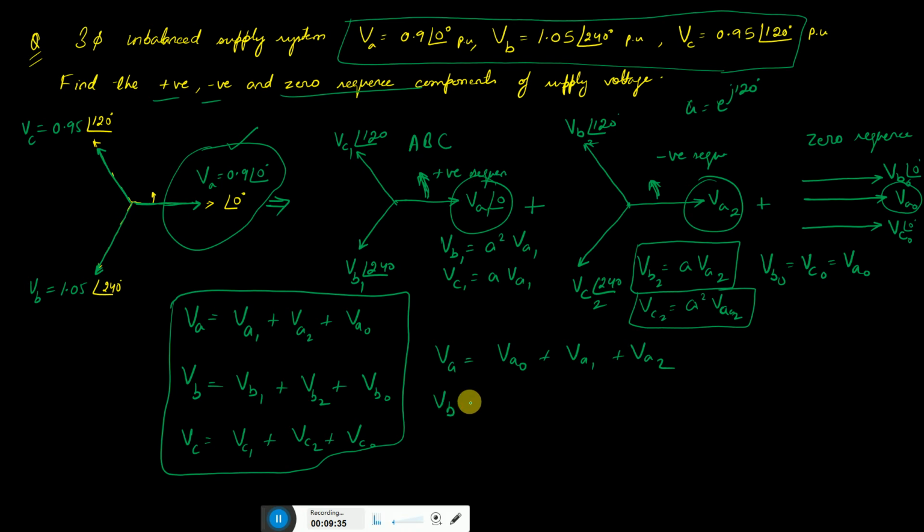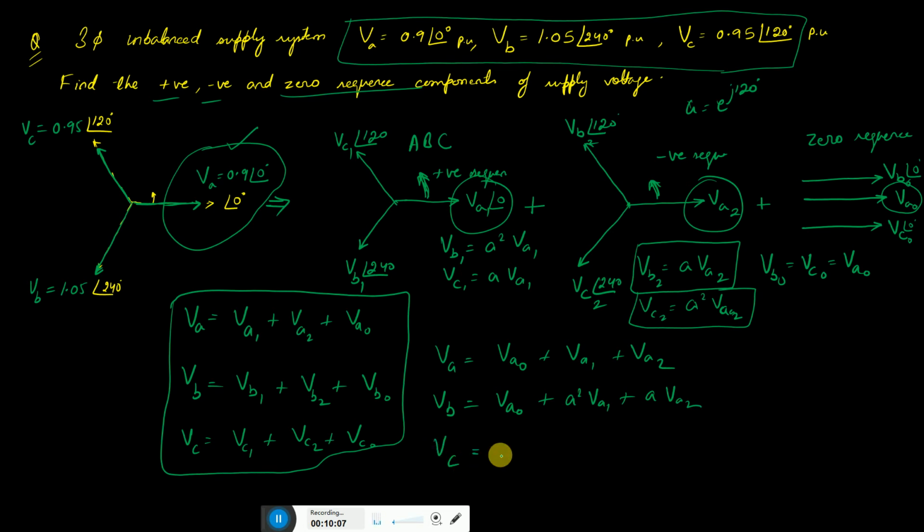And I can write VB is equal to, VB0 is same as VA0, so let me write VA0, plus VB1. VB1 is A square times VA1, so A square VA1, and VB2 is a negative sequence voltage, which is A times VA2. So A times VA2.